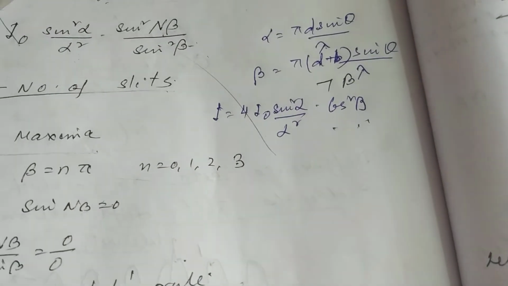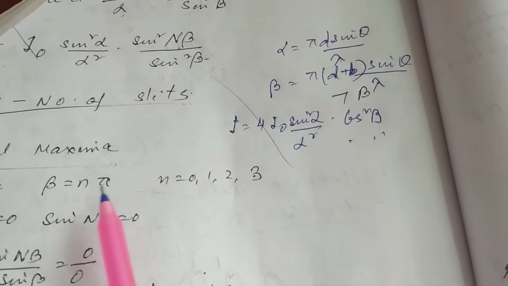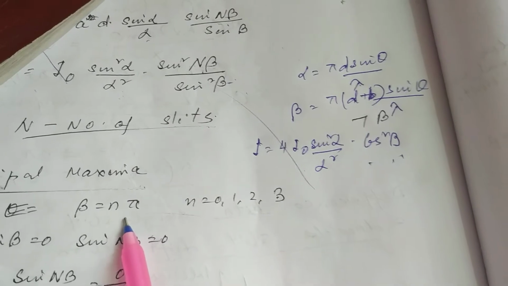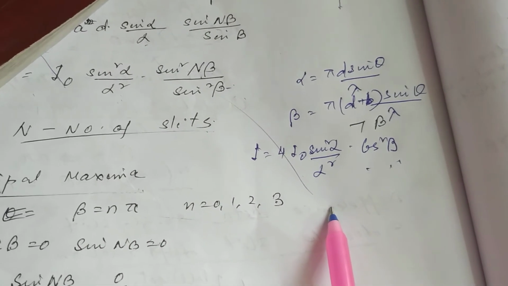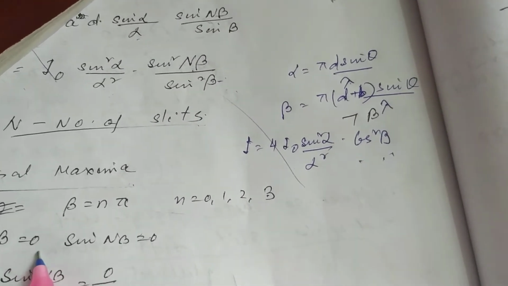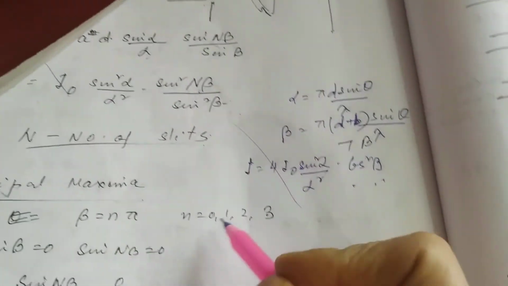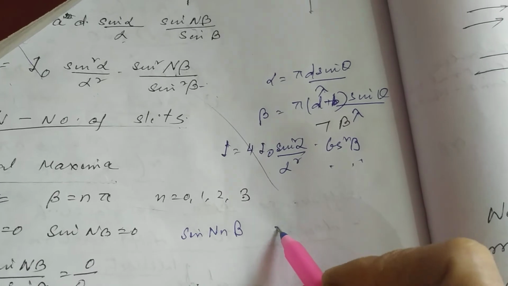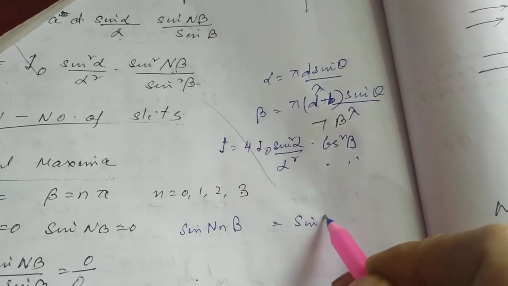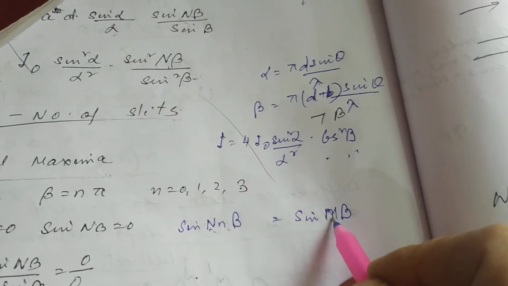Now where will I get the principal maxima? Here there will be many principal maxima, not a single one. If beta is equal to n pi, small n I am telling, where n is equal to 0, 1, 2, 3, etc., then sin beta will be 0 and sin N beta will also be 0, because sin N into n pi, both being integers, gives another integer, say m.